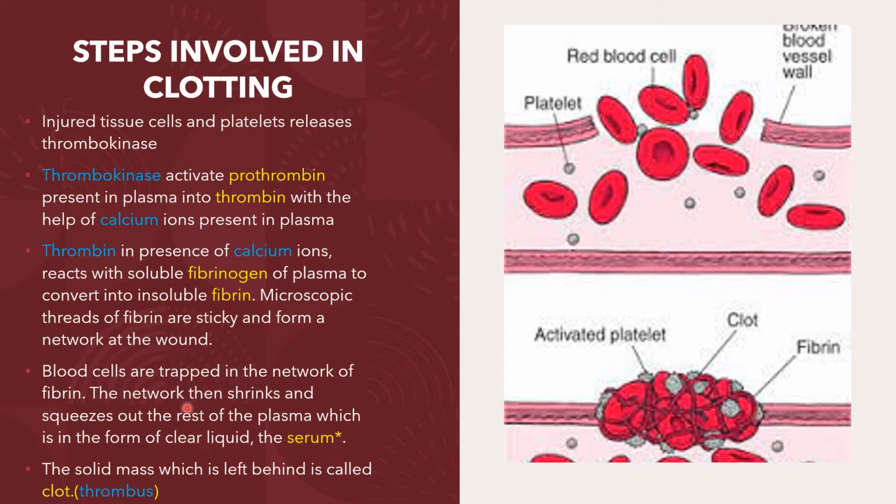Here, blood cells are trapped. At the time of injury, within a few seconds you can see a clot. How does it happen? Fibrin is an insoluble protein, and this microscopic network of fibrin traps the blood cells.